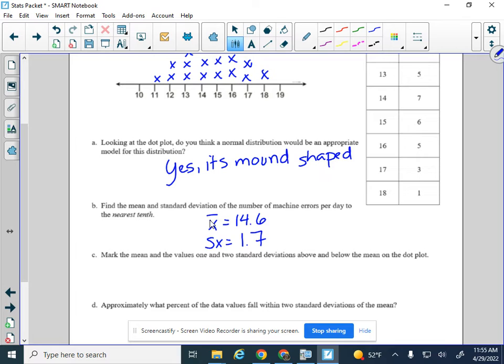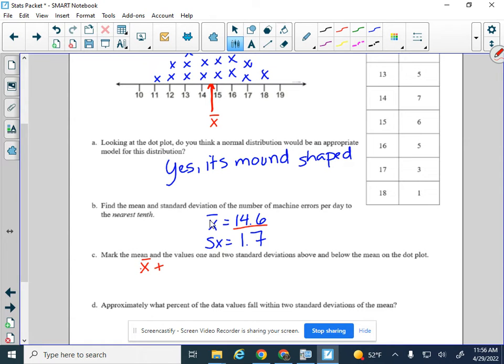So we're going to mark the mean and the values 1 and 2 standard deviations above and below the mean on the dot plot. So the mean, which is 14.6, would go right here. Maybe a little closer to the 14, but doing the best I can with the pens. So that's our mean, 14.6. And then we want to add 1 standard deviation.